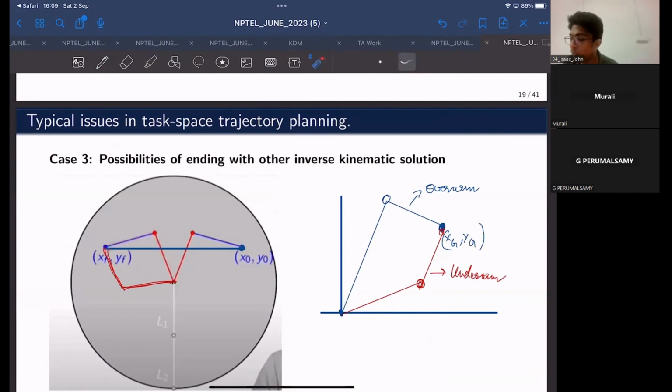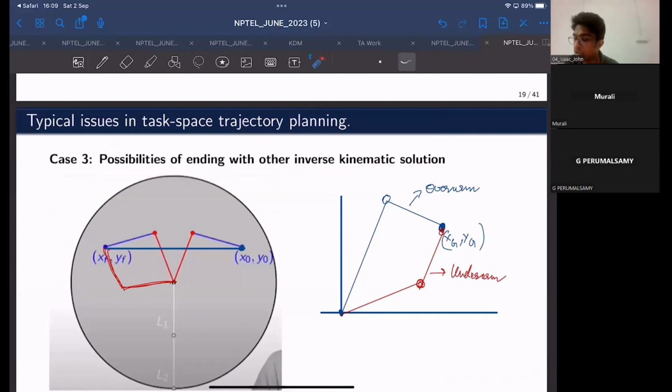So the robot can end up with a different inverse kinematic solution than what we desire. If you want the robot to move in this configuration alone, because it is encountering a singularity over here, the robot is ending up with a different configuration. That is what is meant by possibilities of ending with another inverse kinematic solution.